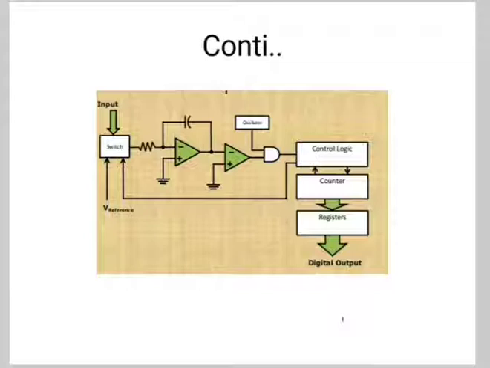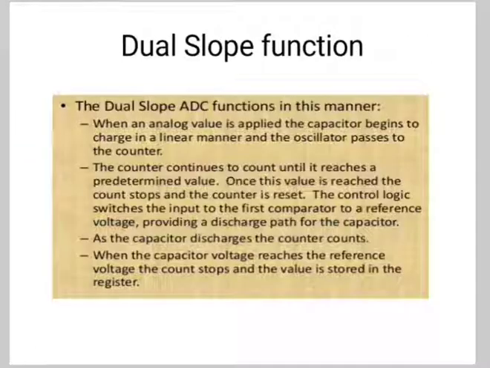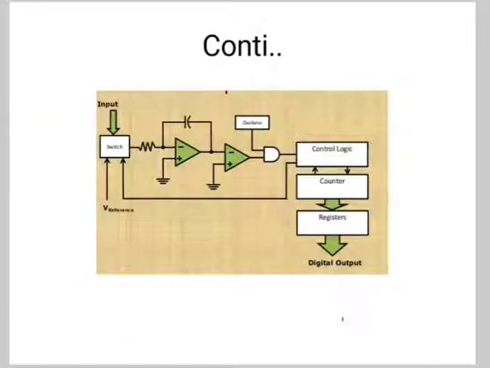Now this is the logic diagram for the dual slope ADC. The binary counter is initially reset to 0 0 0 0.